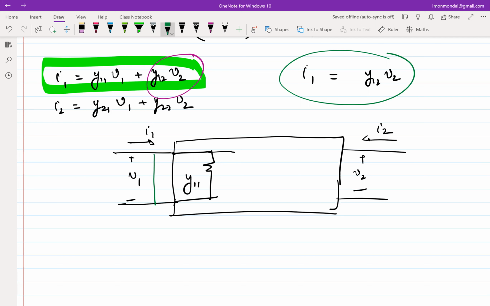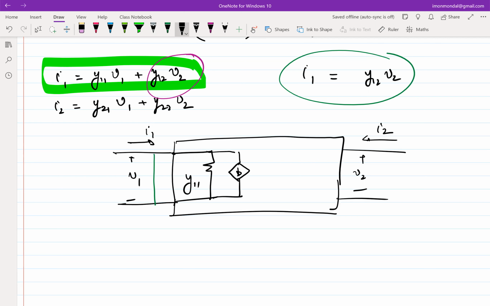So it's a voltage controlled current source connected at terminal 1 across port 1, but the control knob is at V2. Okay. So this essentially looks like this.